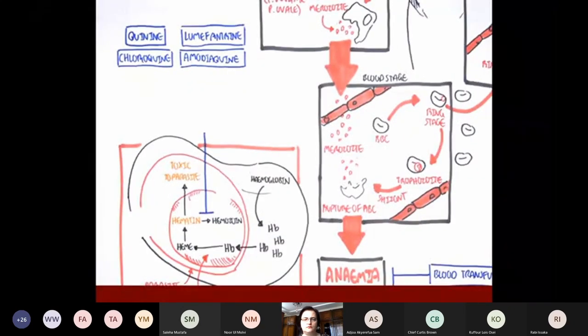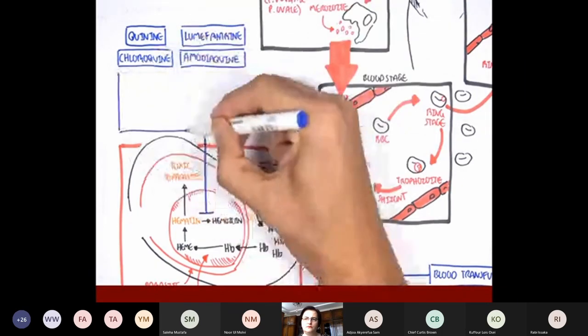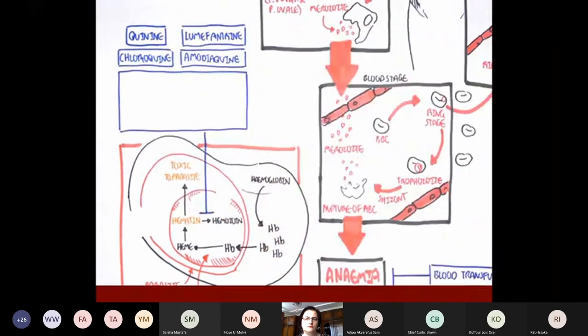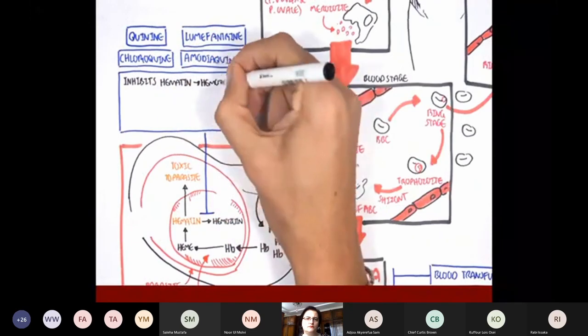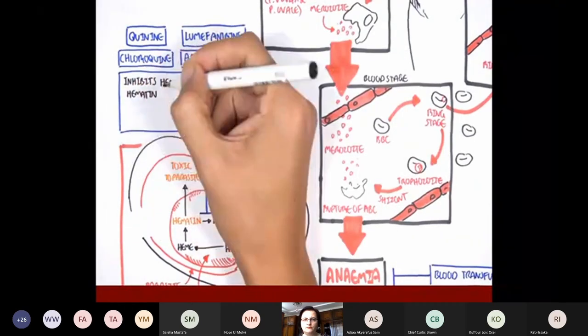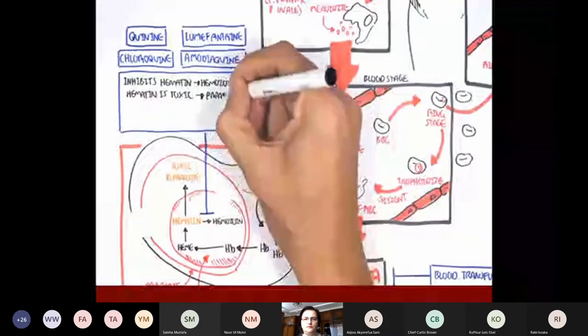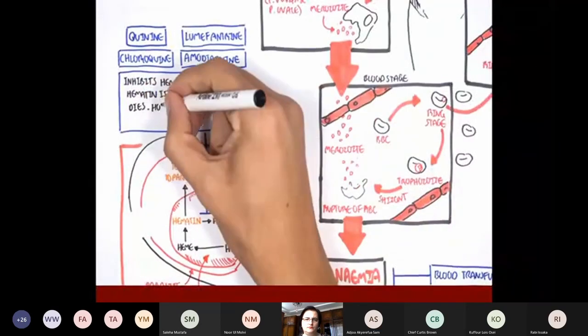Now, I hope I pronounced these right, but, you know. So these quinolones essentially inhibit hematin from becoming hemozoin. Thus, if hematin is not converted, it will be very toxic because hematin is toxic to the parasite, and the parasite dies.